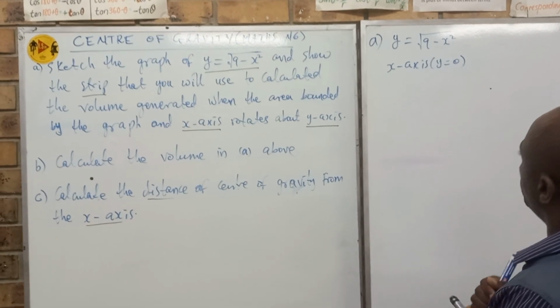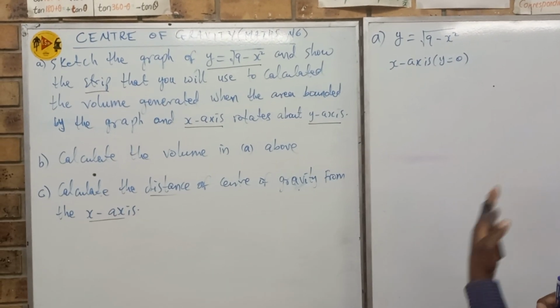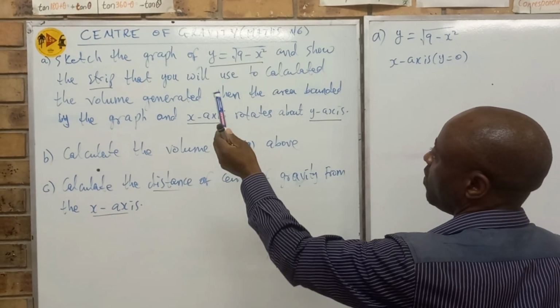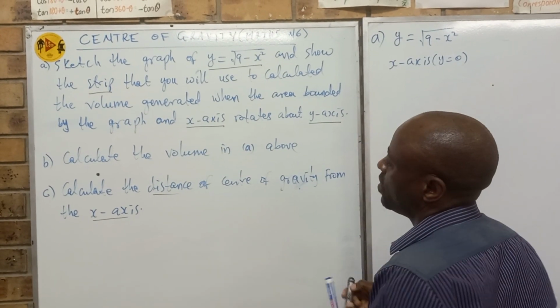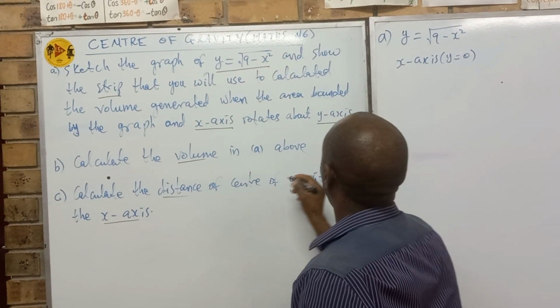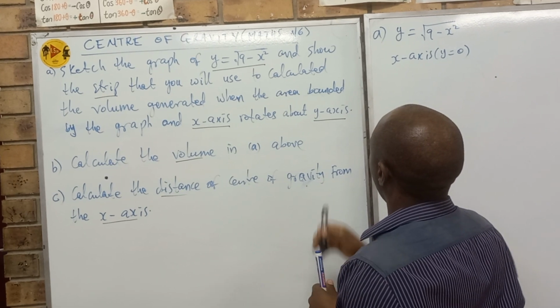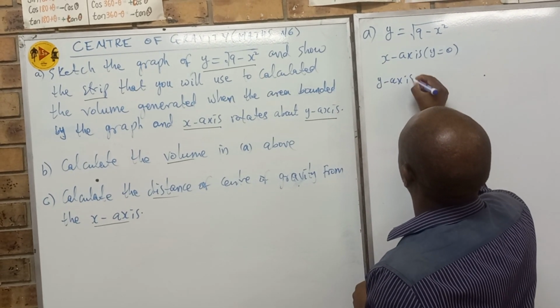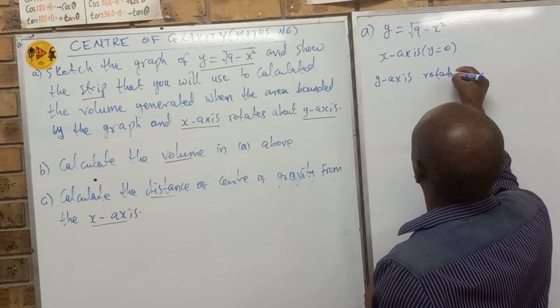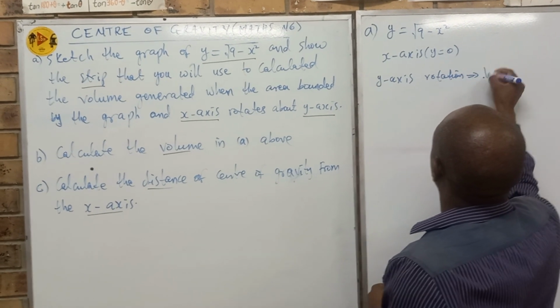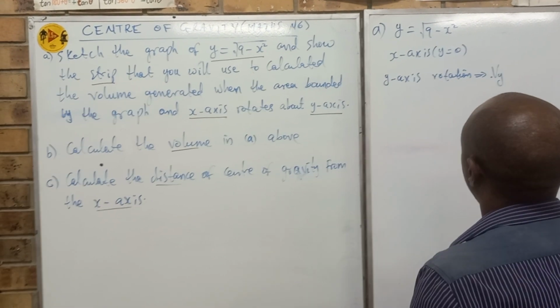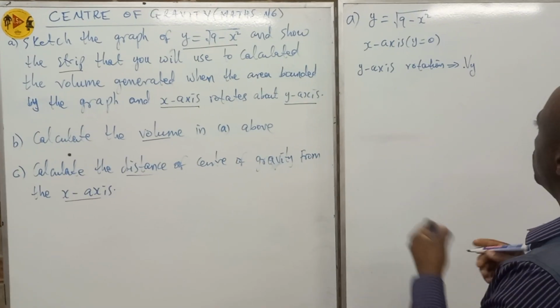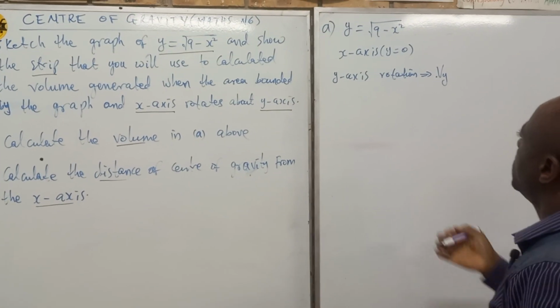So the area should be bounded by two graphs. Then whenever you read a problem of volume, since our target is to calculate the volume, it's very, very important to know your rotation. So we've got y-axis rotation, which tells me that if I start calculating volume, my formula must start with Vy. So let's go to the graph.